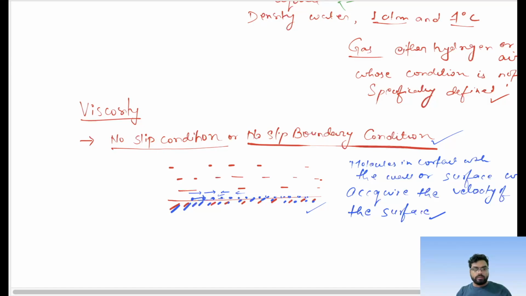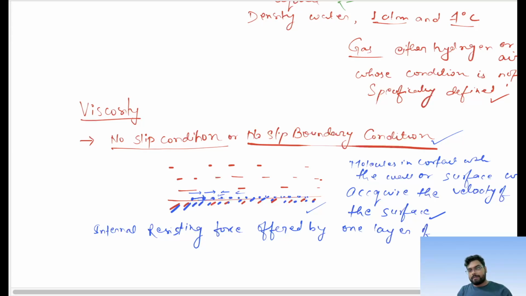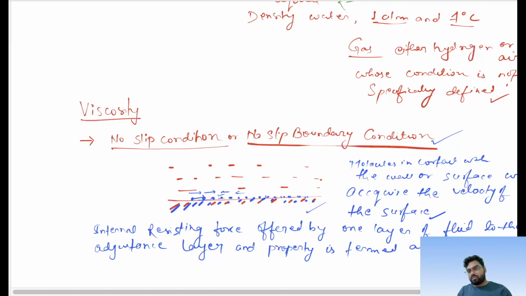Basically, viscosity is defined as the internal resisting force offered by one layer of fluid to the adjacent layer, and this property is termed as viscosity.